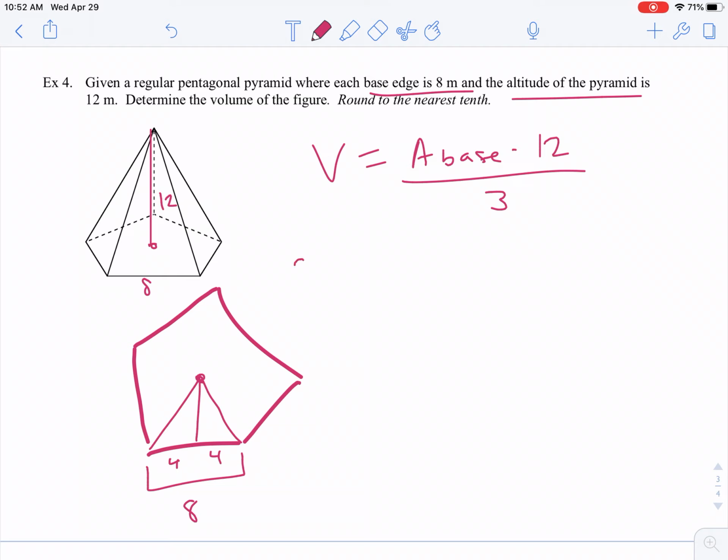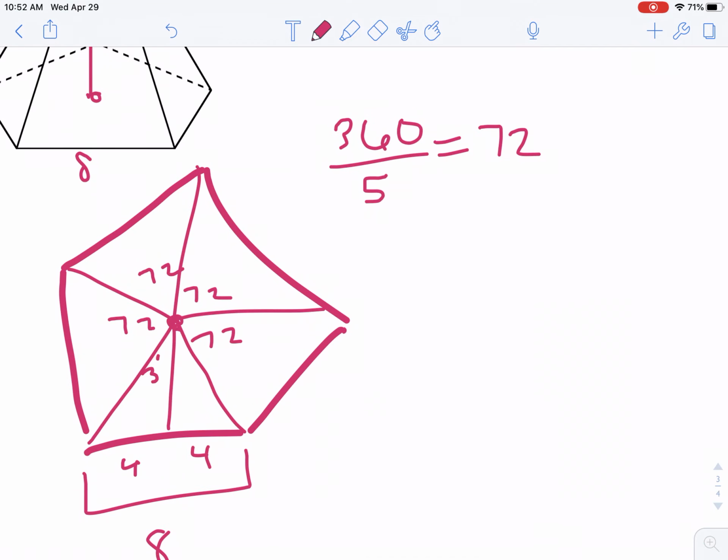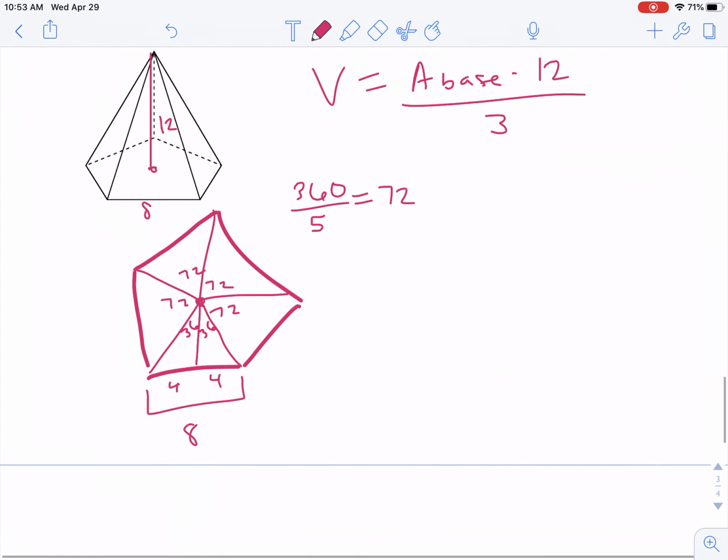So we're going to take 360. We're going to divide it into the 5 isosceles triangles. And when I do that, I get that each of the triangles has 72, right? But we're dividing that triangle into half again. So that tells us we have 36 and 36.